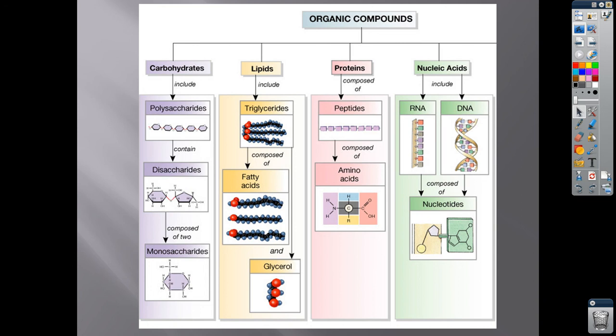Your proteins, those are your amino acids. You have your amino group, you have your carboxyl group, and you have your side chain, also known as your variant, your R group, in the middle. This is the one that changes in the 20 or so amino acids that we're going to discuss. Your proteins, you refer to them as amino acids.